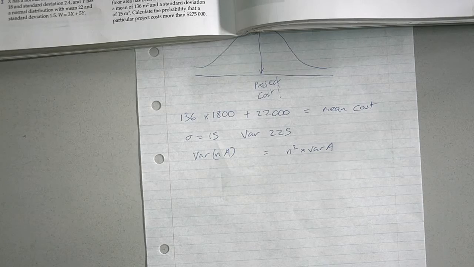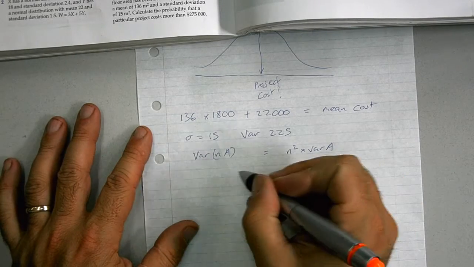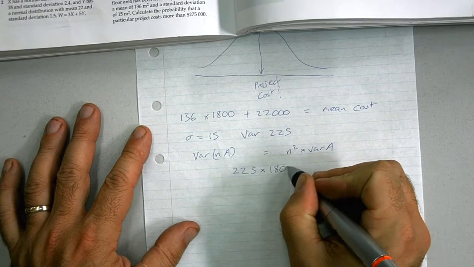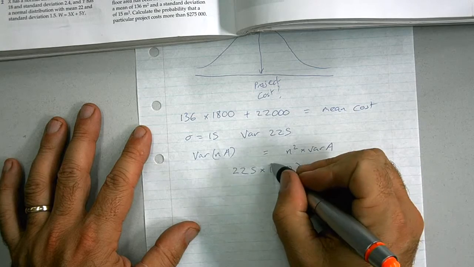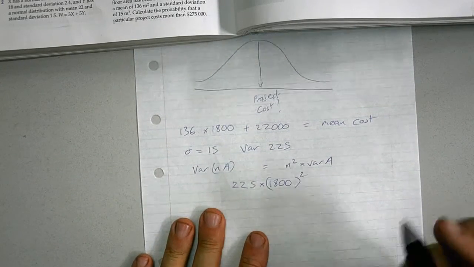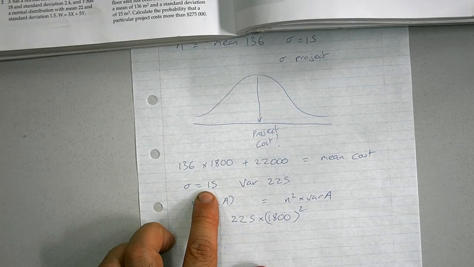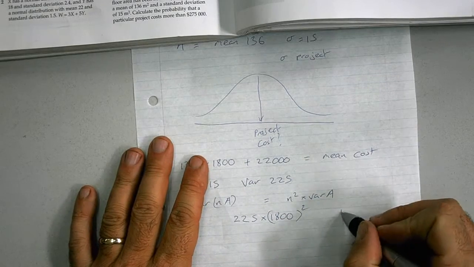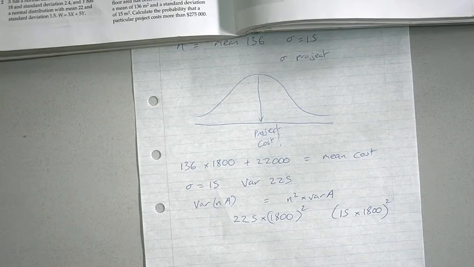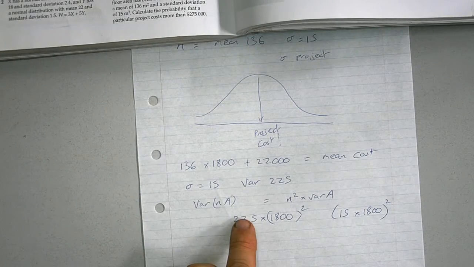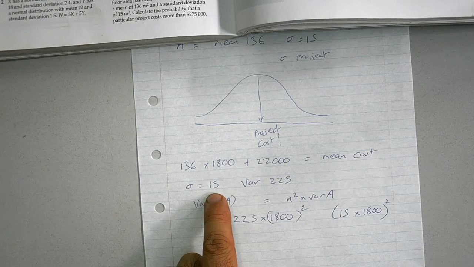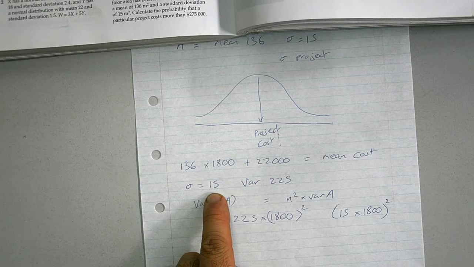So the new variance is going to be 225 times 1,800 squared. Technically what I should have done is square the 15, but I've already done that bit. Another way to look at it is 15 times 1,800, squared. What I've done is n squared times the variance, and the variance is 225, which is already 15 squared. I'm hoping that makes sense.